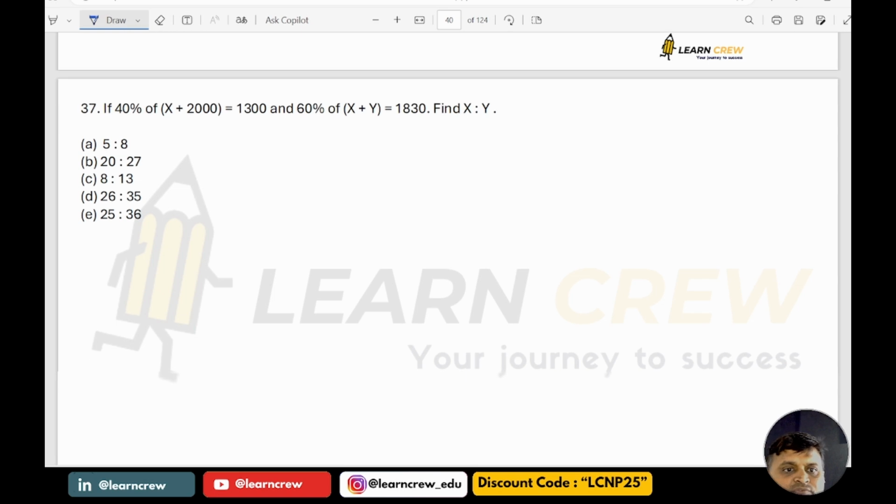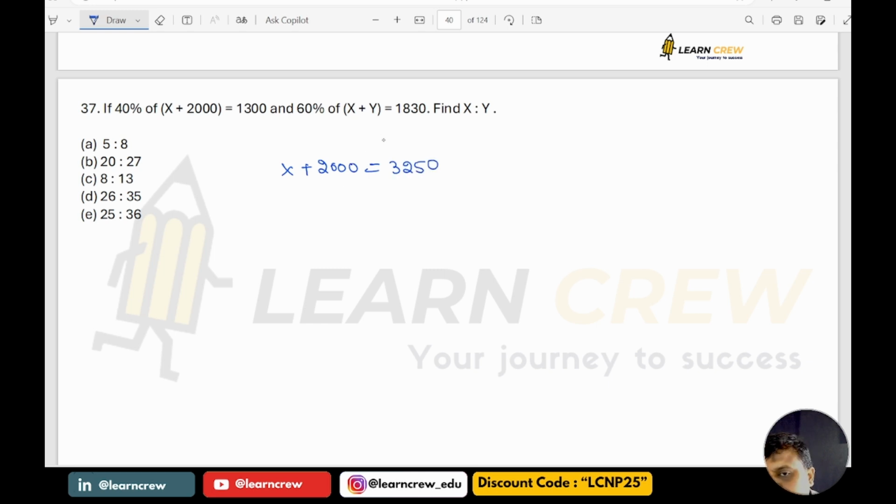Next, 40% of x plus 2000 is equal to 1300. So 40% is 2/5. So 2/5 of x plus 2000 is equal to 2 times 1625, which after simplification is 3250.